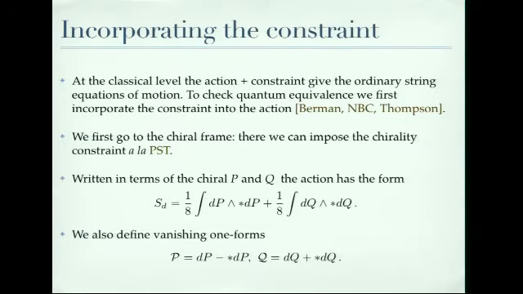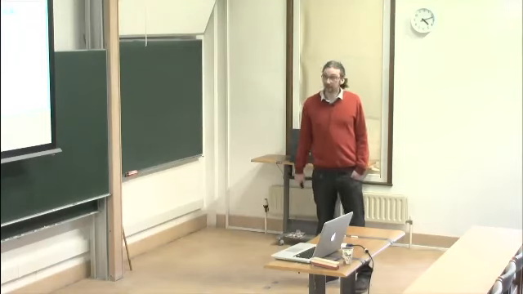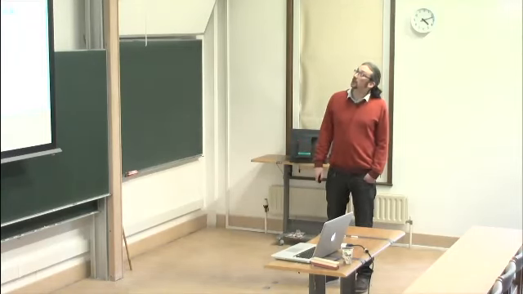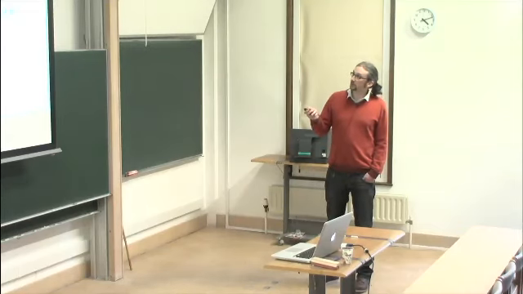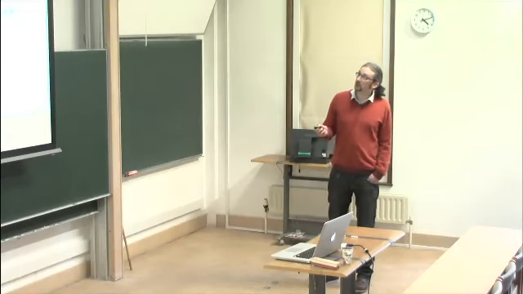Now we'd like to incorporate this constraint into the action so that we can perform the background field expansion later. We don't want to have to add this constraint externally. So this was done a few years ago now by myself with David and Dan Thompson.